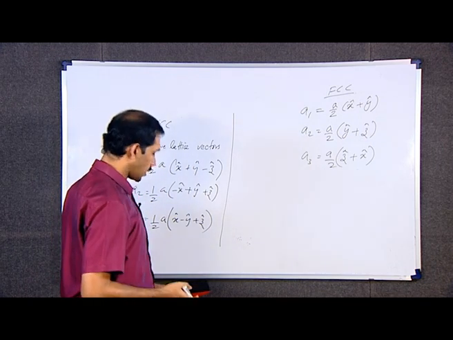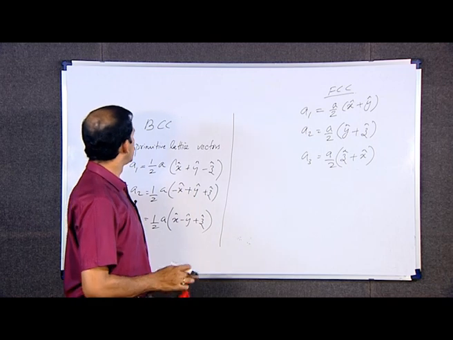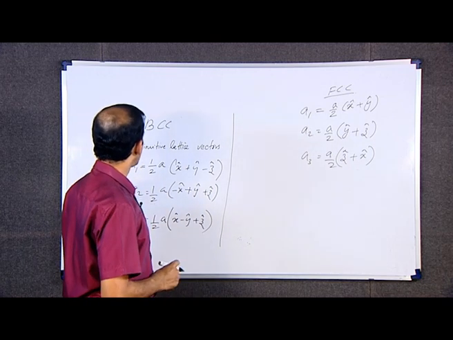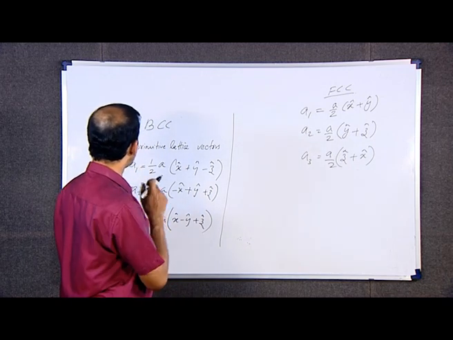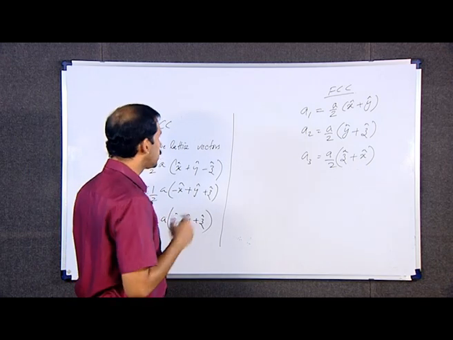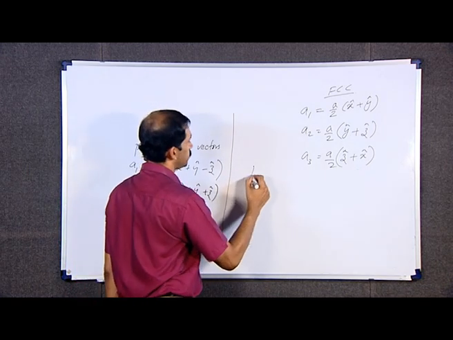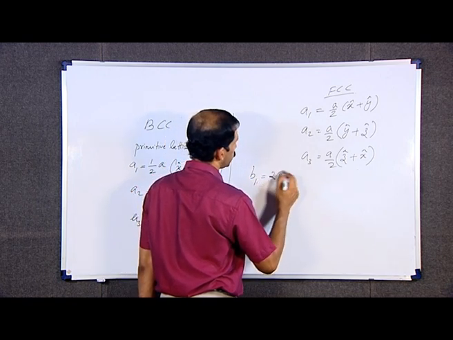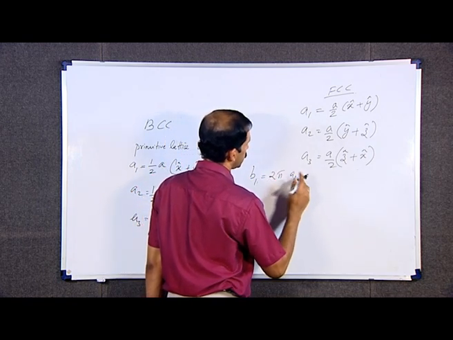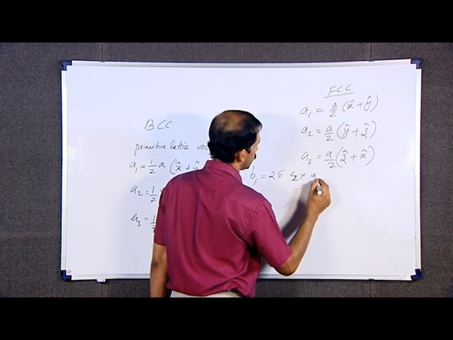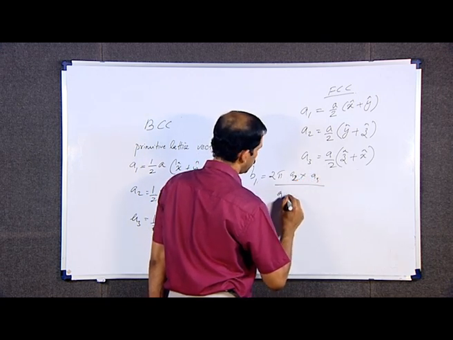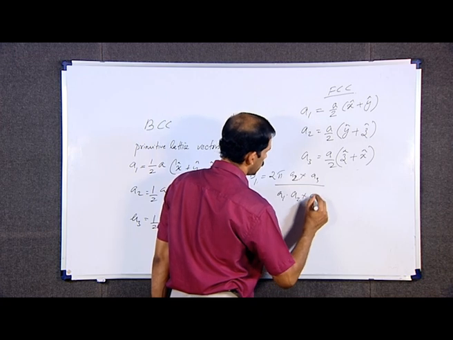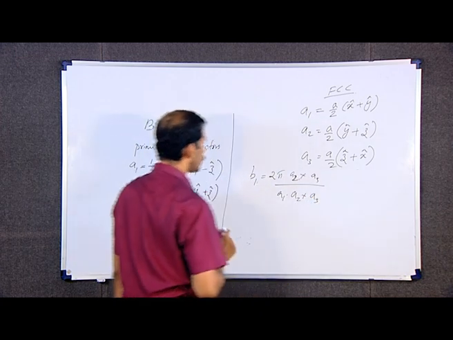Now, if we need to evaluate the reciprocal lattice vectors for BCC, how will you do that? We again take up the expressions. B1 is equal to 2 pi into A2 cross A3 divided by A1 dot A2 cross A3. So, what is the A2 cross A3?